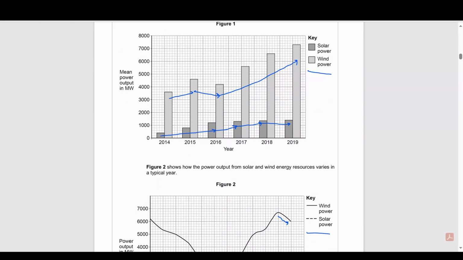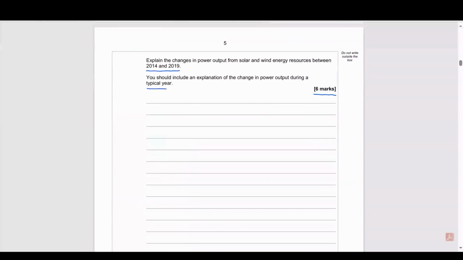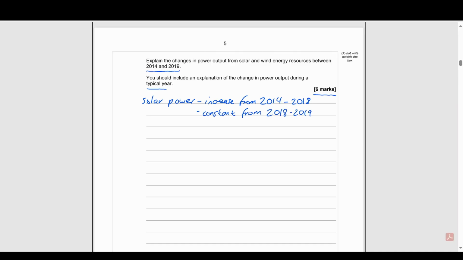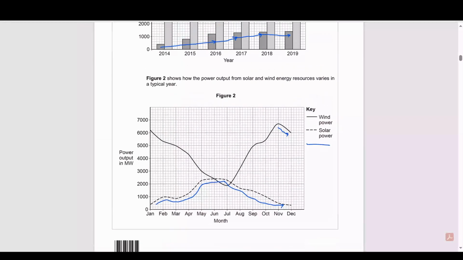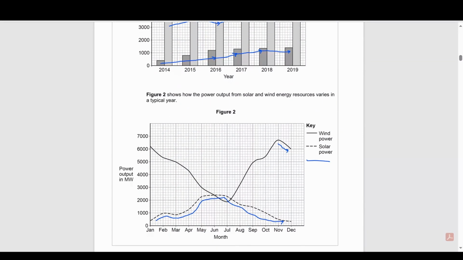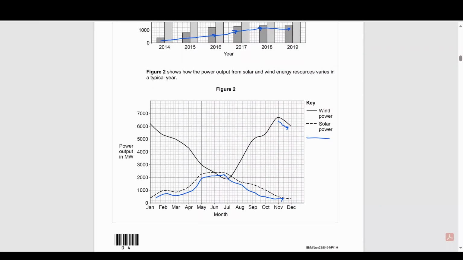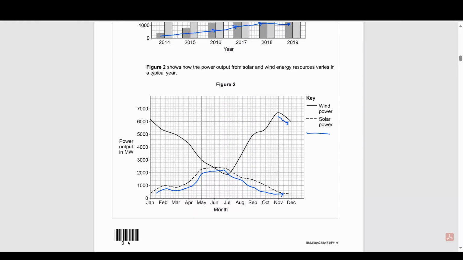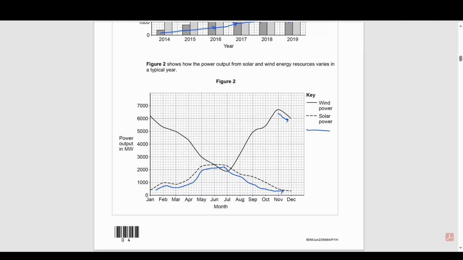So our solar power is a general increase from 2014 to 2018, then it remains constant from 2018 to 2019. A typical year though, let's say for the solar power, is that from January to May it increases. So its highest point between May to July, then it decreases until December.